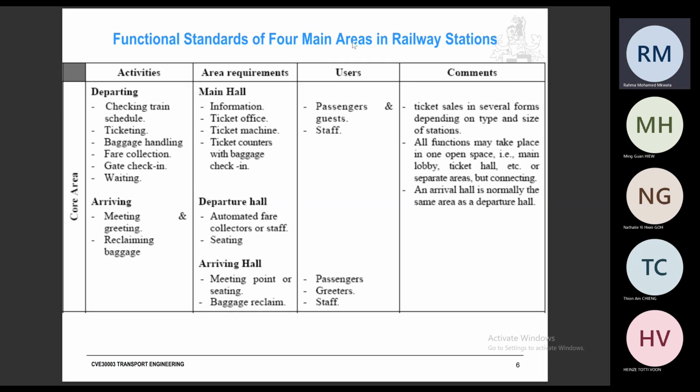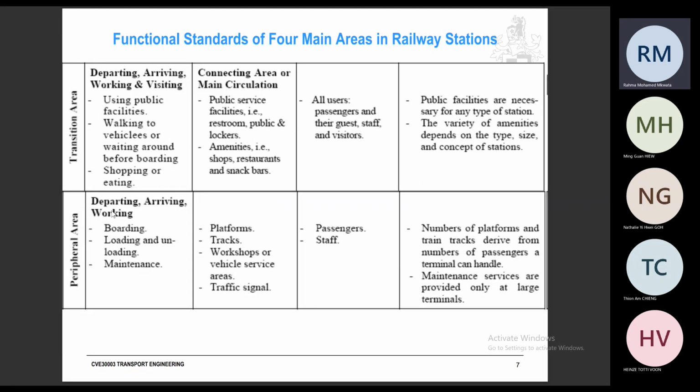So for a railway station, it's divided into 4 main core areas: for departing and arriving, information seeking and so on, transition area, where this is open for passengers as they transition into the boarding and alighting area. Then we have peripheral area, where boarding and alighting happens.